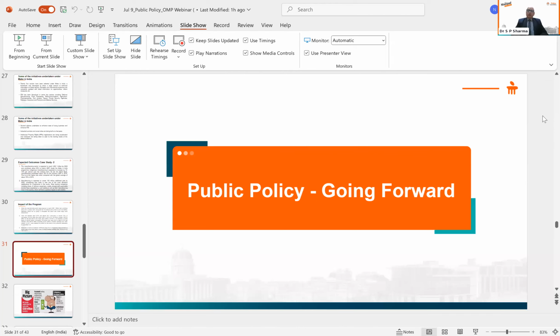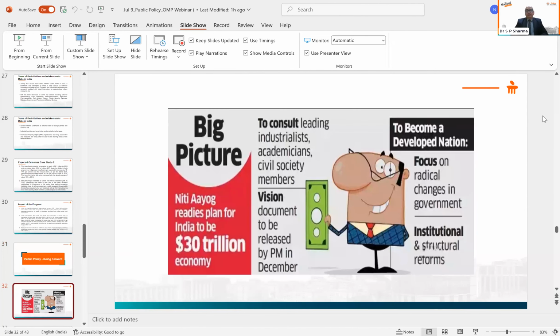So, what should the public policy be going forward, as we have a target to become a developed economy by 2047? According to estimates by the Niti Aayog, India will be a USD $30 trillion economy by 2047.